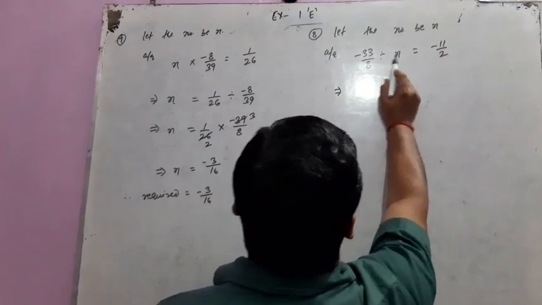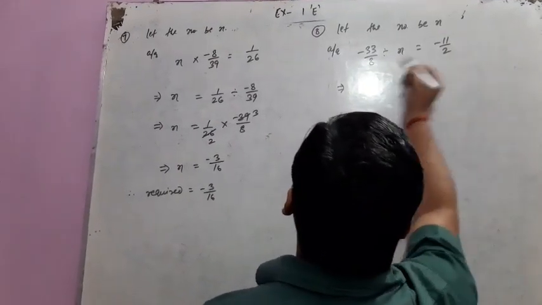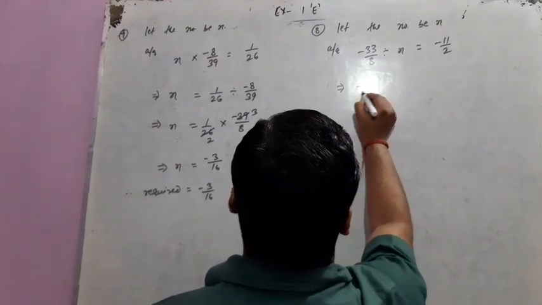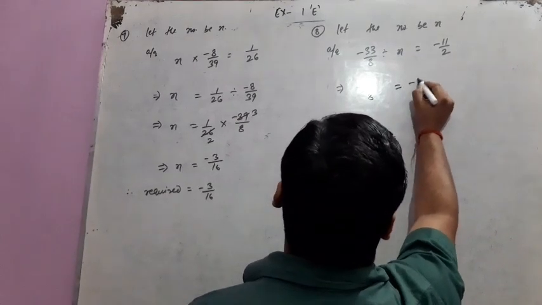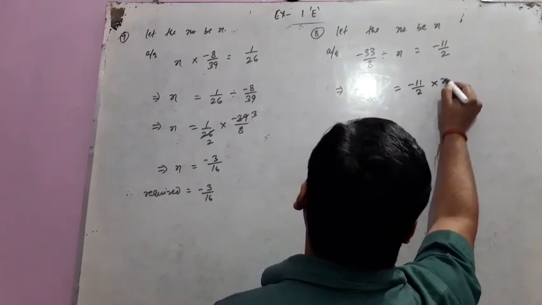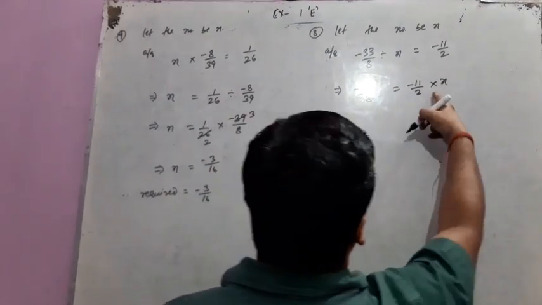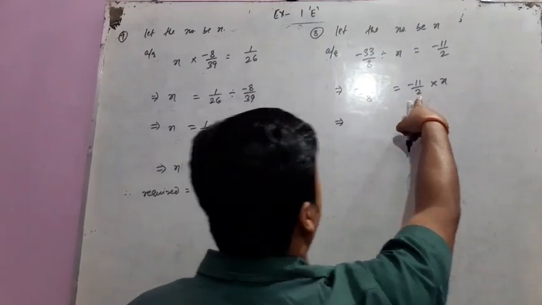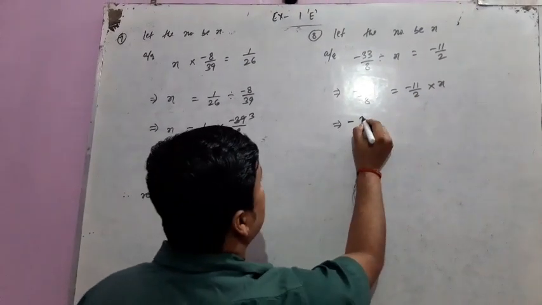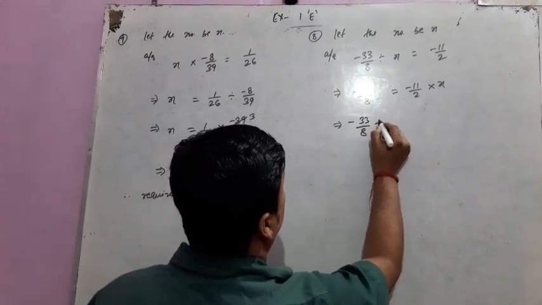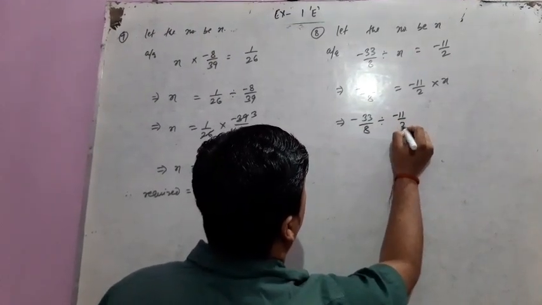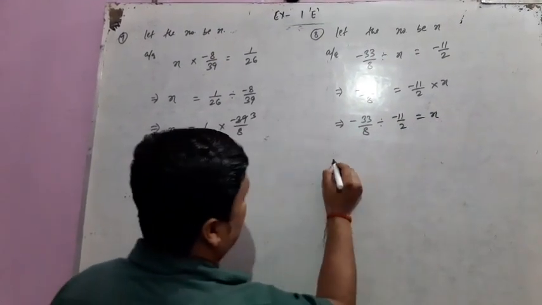Now x is in divide, so when we turn the side, it turns into multiply. Minus 33 by 8 is equal to minus 11 by 2 into x. And as minus 11 by 2 is in multiply, when we turn the side, it turns into divide. Minus 33 by 8 divided by minus 11 by 2 is equal to x.